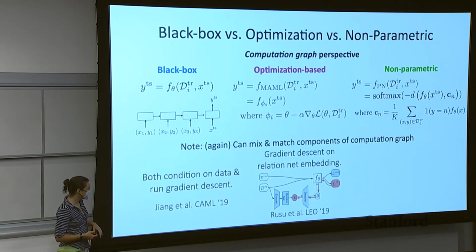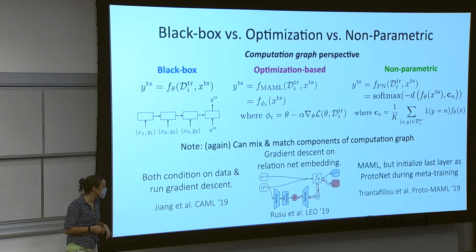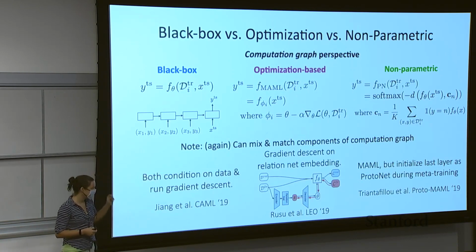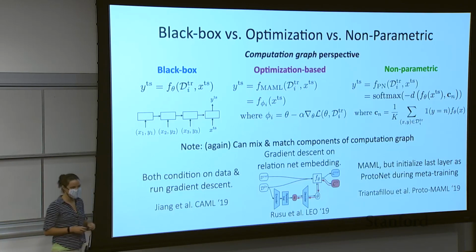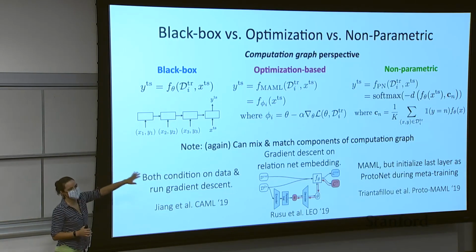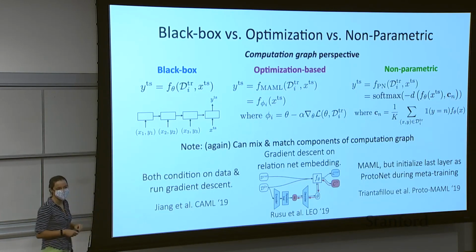Methods that compute some embedding, like the embeddings that we see in non-parametric approaches, and then do gradient descent on that embedding, as well as approaches that do something like MAML, but initialize the last layer as prototypical networks during meta-training. So the separation between these kinds of approaches is very blurred, and there are many approaches that don't cleanly fall into any one of these three approaches.